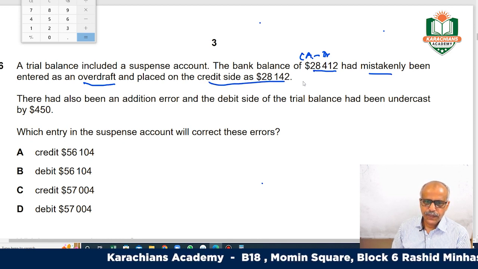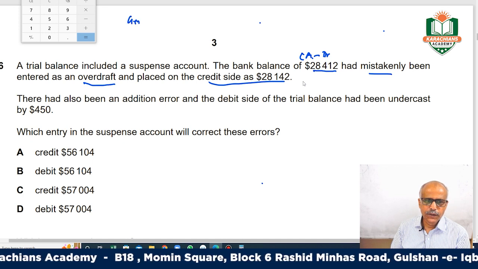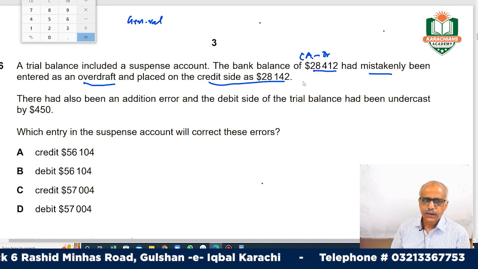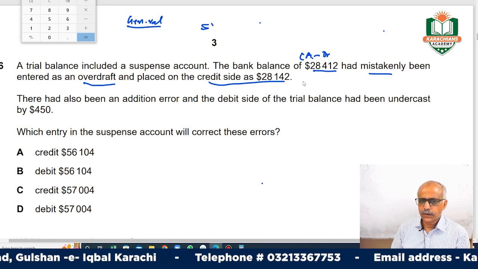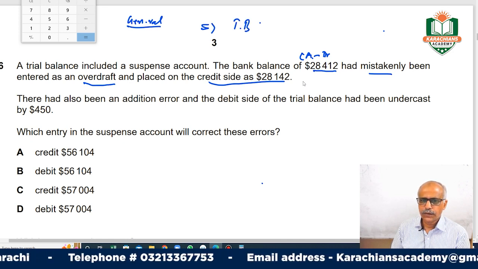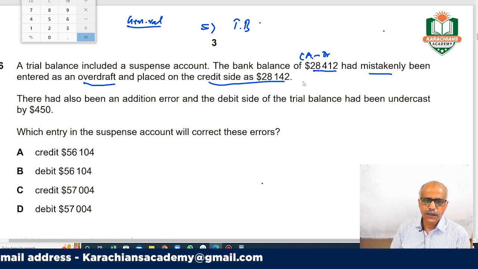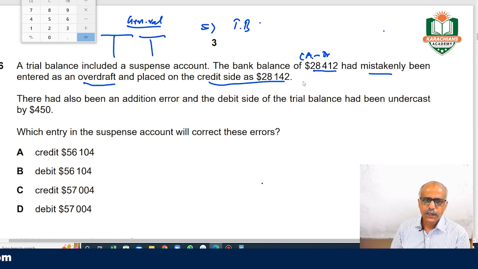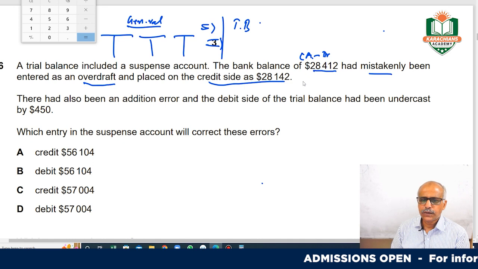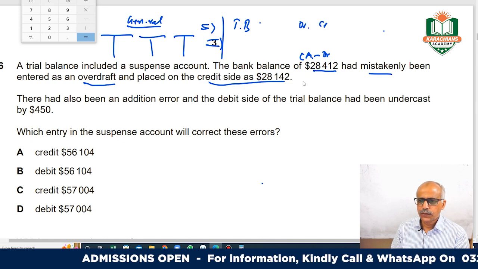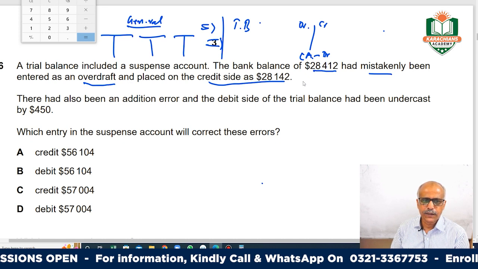Actually, when you were transferring from the general ledger to the trial balance, meaning when you were balancing your general ledger accounts, you normally balance all the accounts, and their balances you put into the trial balance. You make a complete list of accounts from the general ledger.